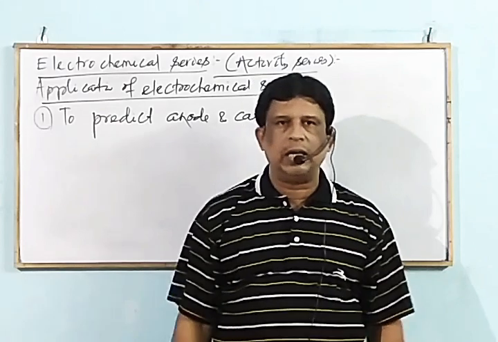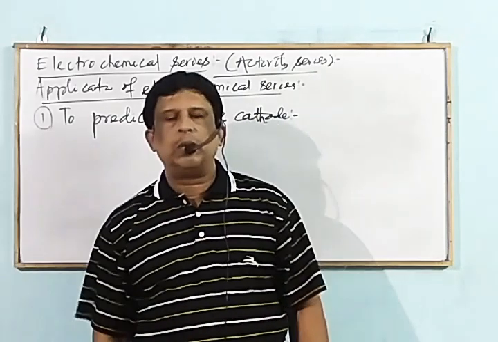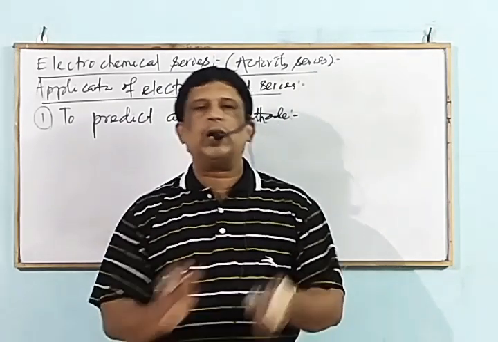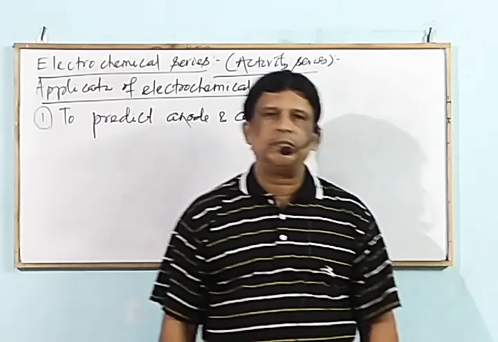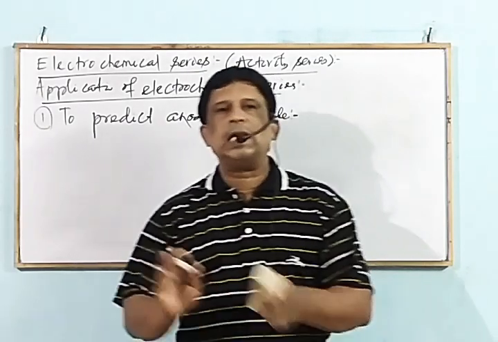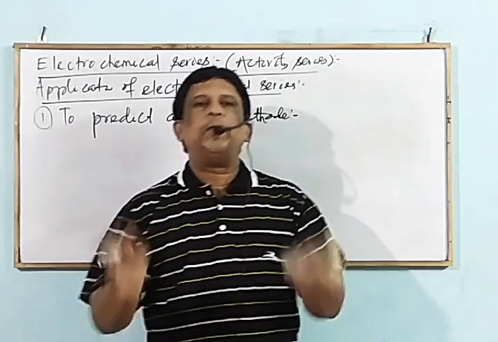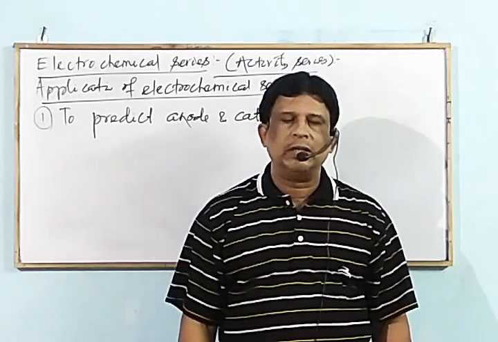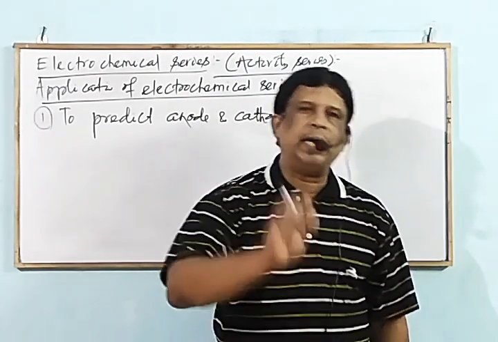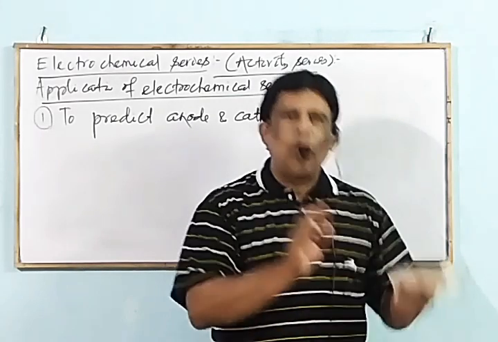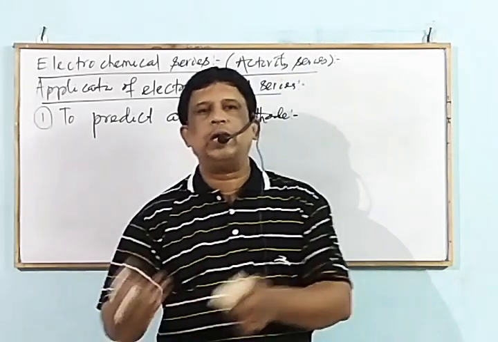No restriction is there. We have to observe whether oxidation potential or reduction potential data is given. If reduction potential data is given, no problem. If oxidation data is given, then multiply by a minus sign, as a result of which oxidation potential is converted to reduction potential.